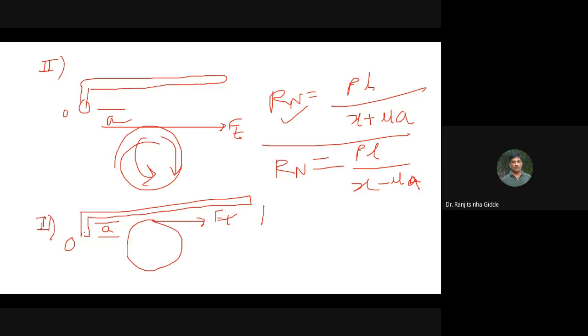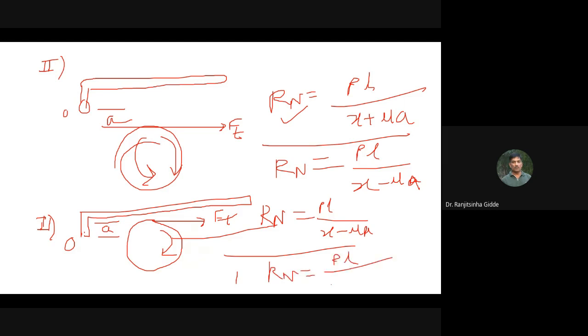In that case, this Rn is equal to PL upon x minus mu a, and this is for clockwise, and Rn is equal to PL upon x plus mu a.